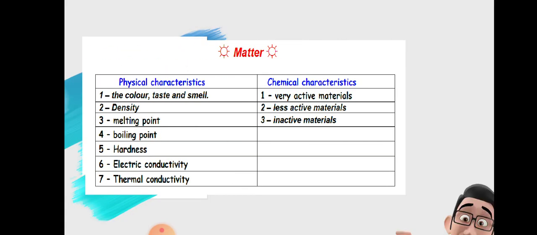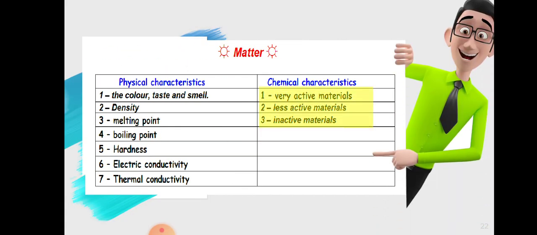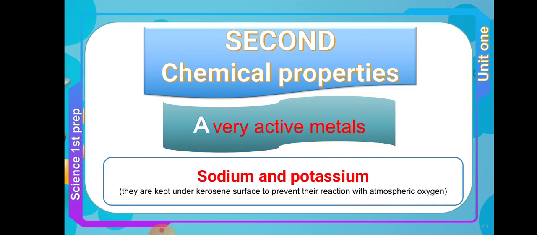Now we are going to study chemical properties of matter and how we can use chemical properties to distinguish between different substances. Metals are divided into three types according to their chemical property.